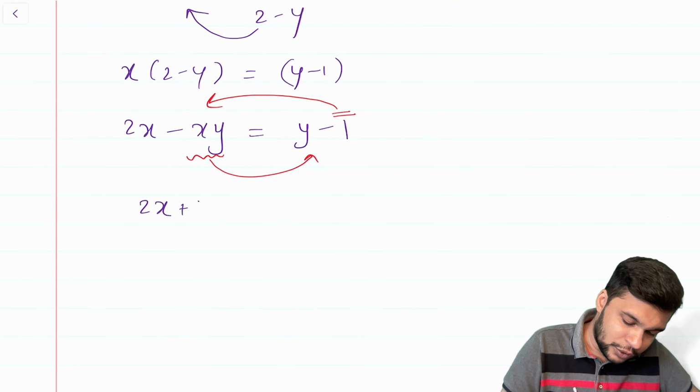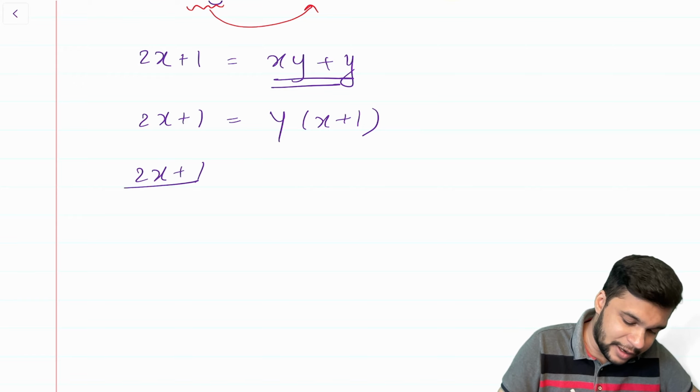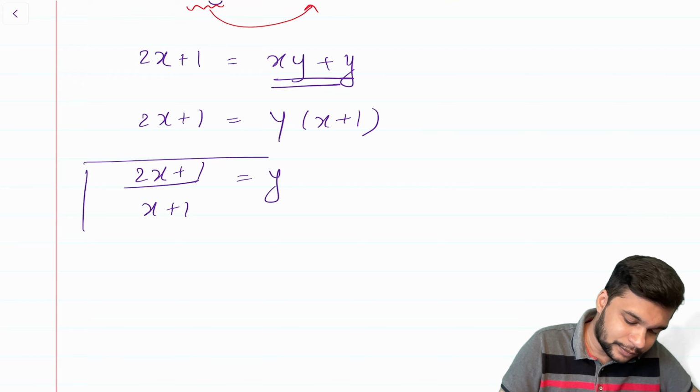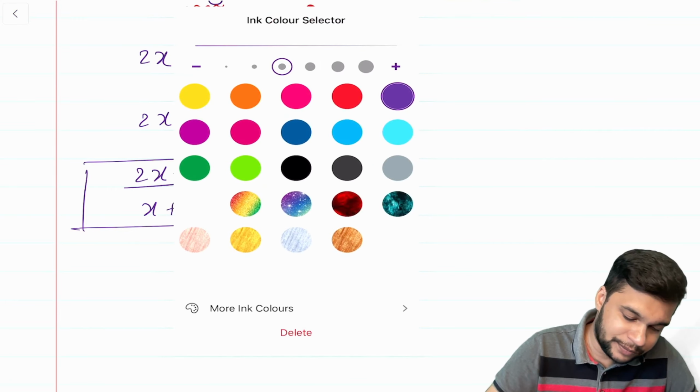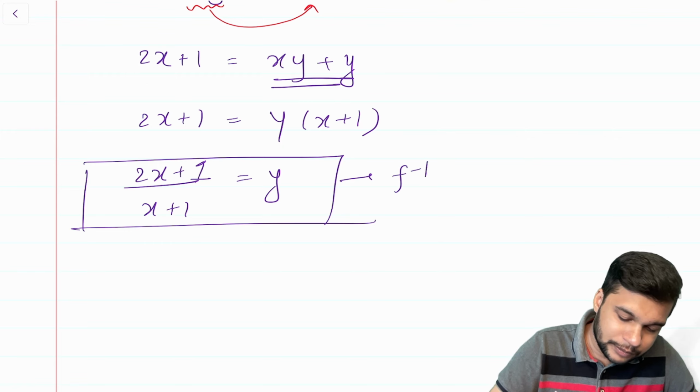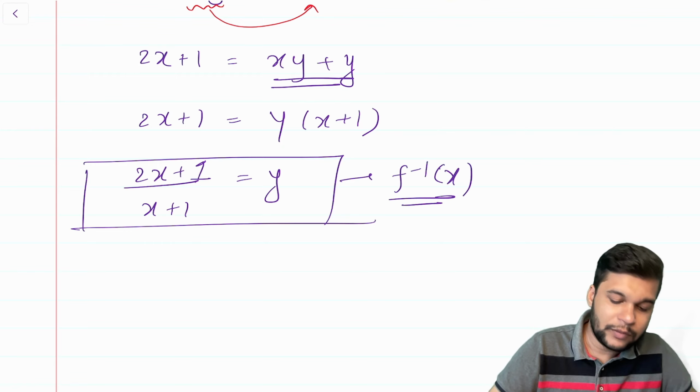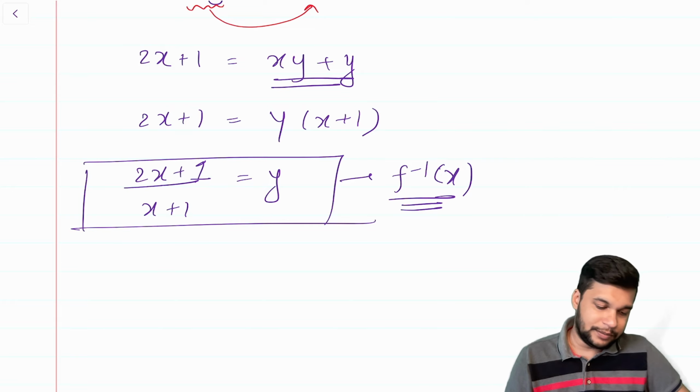So y times (x plus 1), and on the left you have 2x plus 1. So (2x plus 1) divided by (x plus 1) is y. So this is your inverse function.